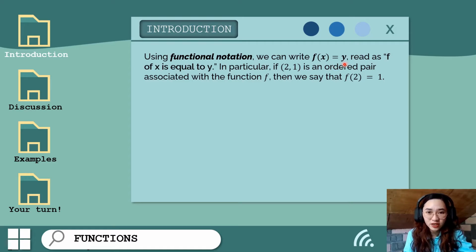In particular, if we have an ordered pair (2, 1) associated with the function f, then we say that f(2) = 1. Again, kasi ang ating domain or yung first element is the x and ang ating range, which is the second element, is the y. So we have f(2) = 1.